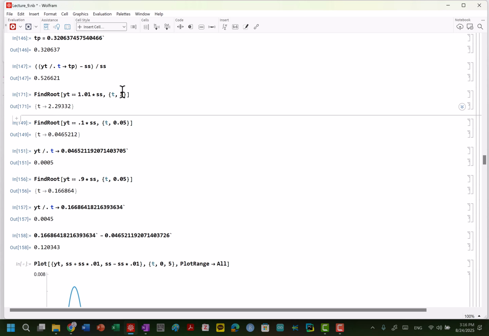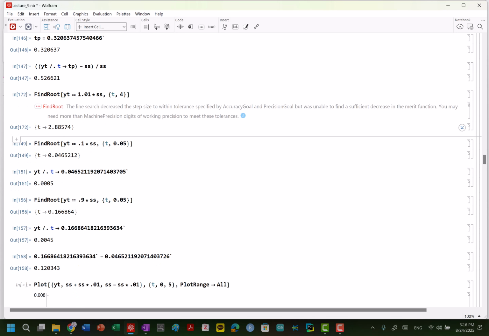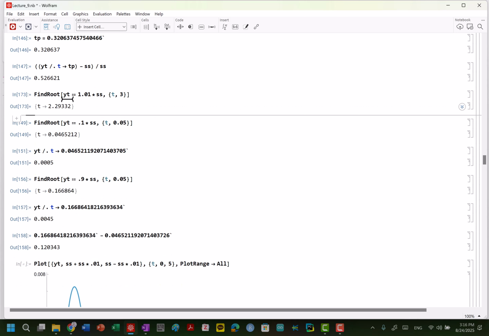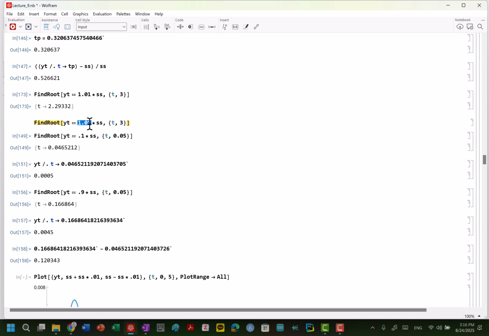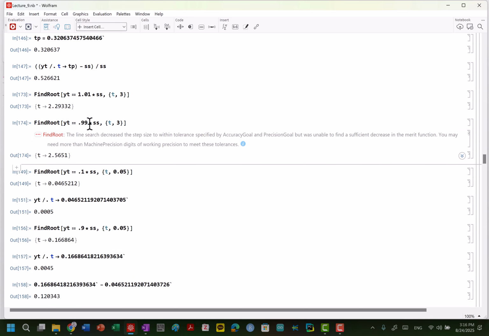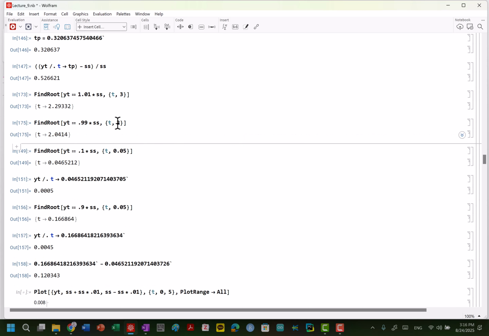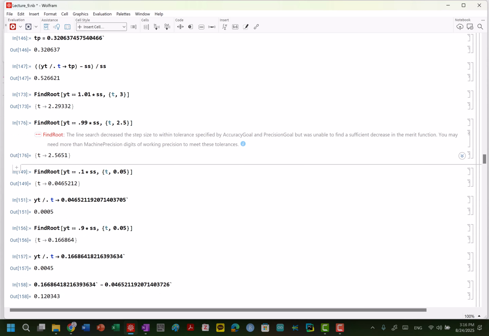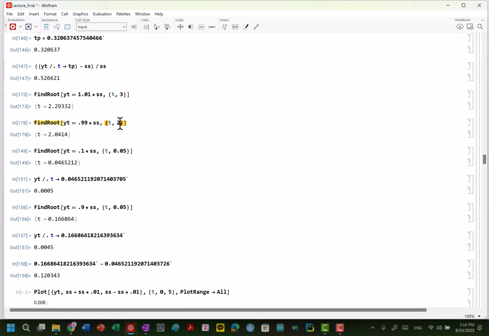What about 3? What about 4? See, it's giving me an error there. Now we need to compare it to this, which is for the rise time, 0.99. So I need to decrease a little bit. How about 2.5? See, 2.3, doesn't like it. How about 2.1? So the rise time could be this.